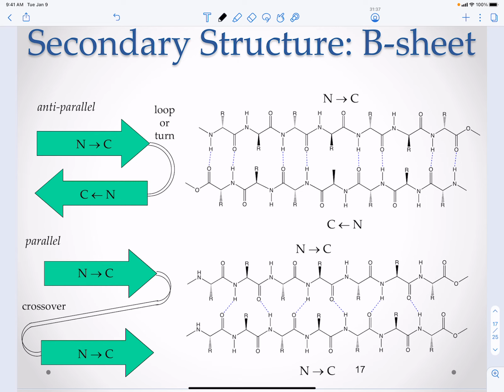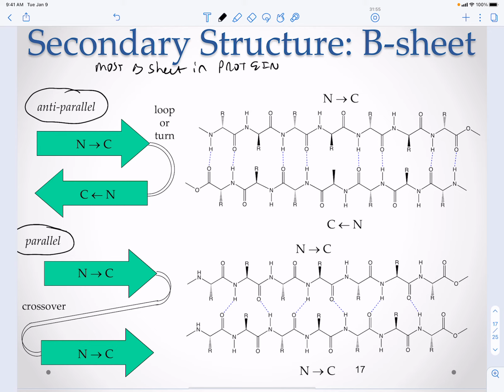So there are two forms of beta sheets. There's something called the anti-parallel, and then you have the parallel. Most of our protein beta sheets are going to be anti-parallel. And then a lot are going to have mixed parallel, anti-parallel.